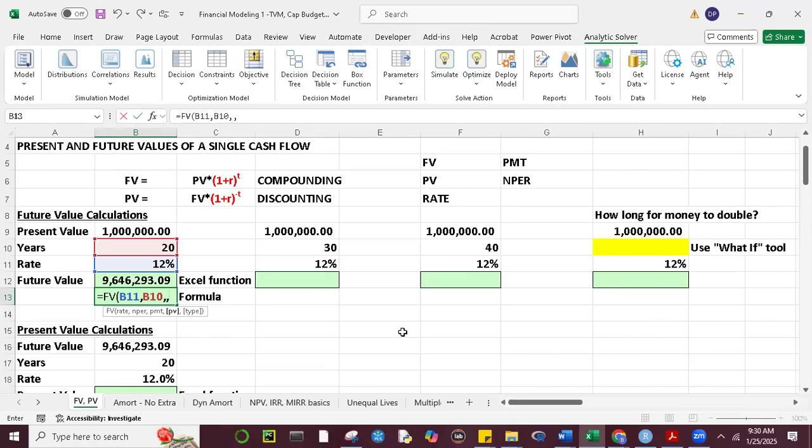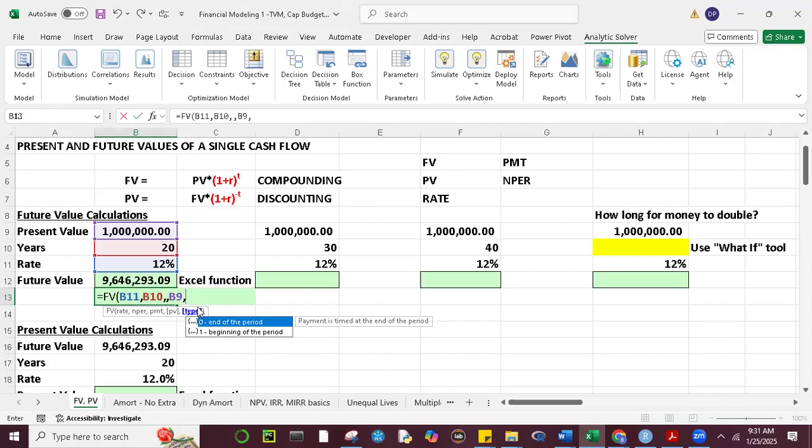Now PV. We will have to put PV, class. There's no PMT, so there has to be a cash flow, and we're going to use PV because that's this transaction. We initially invest 1 million there. Then another comma, type. You have two types here: end of the period or beginning of the period.